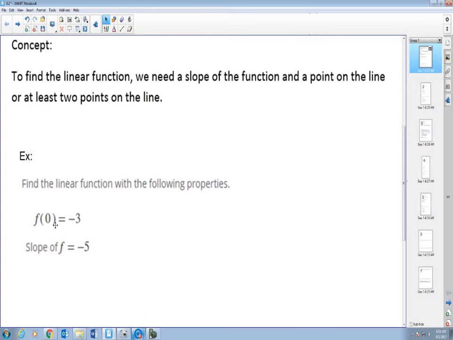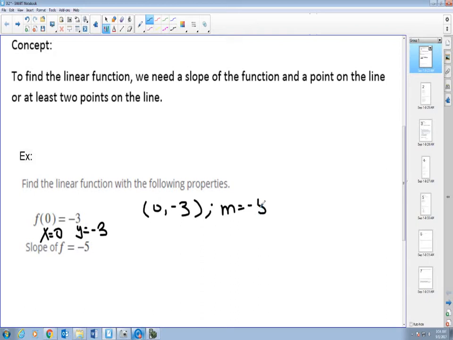When f(0) = -3, what that means is x is 0, and f(x) is my y value. So if I know my x is 0, that means this -3 has got to be the y value. So this piece of information is telling us the given point is (0, -3). And the slope of the function is going to be -5.